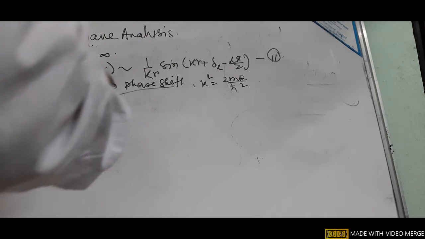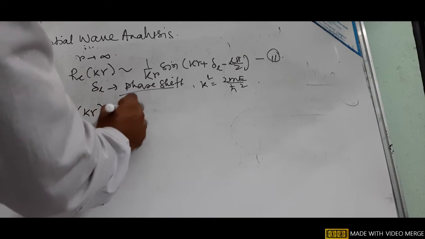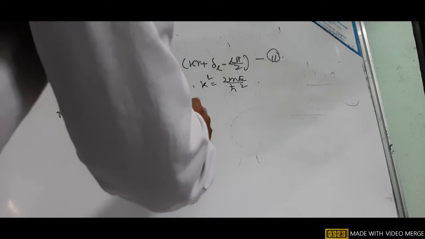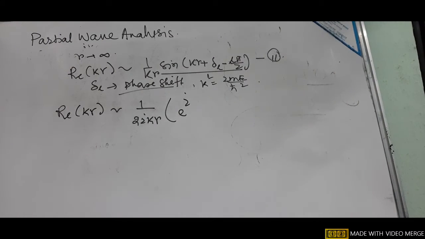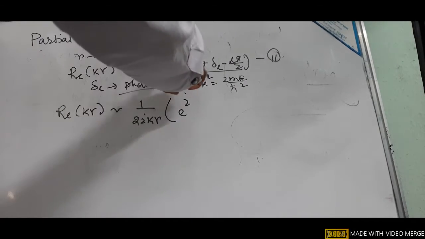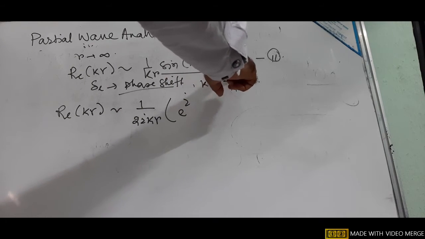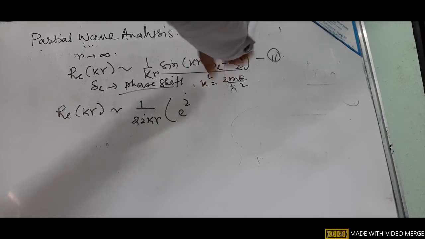So therefore R_l(kr), which is written as 1 by 2ikr, then e to the power i theta minus e to the power minus i theta by 2i. So I am writing this in terms of e to the power i(kr + delta_L - L pi by 2) minus e to the power minus i(kr + delta_L - L pi by 2).